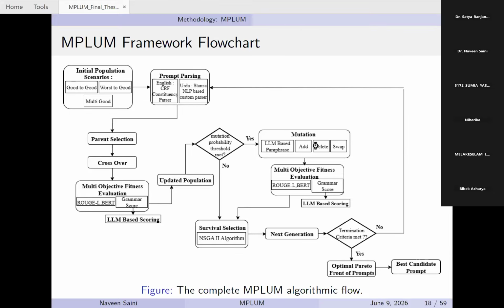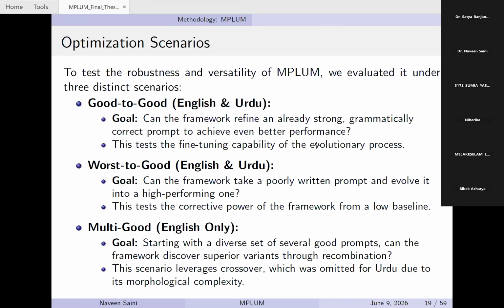Now, as I discussed, we have three different scenarios. In good to good, what is our goal? Can the framework refine an already strong, grammatically correct prompt to achieve even better performance?